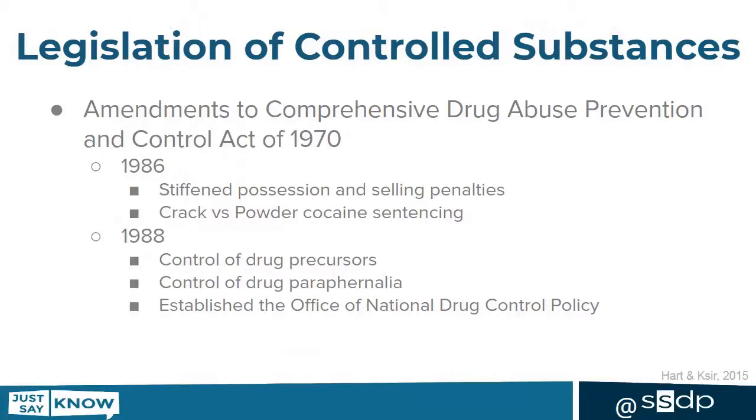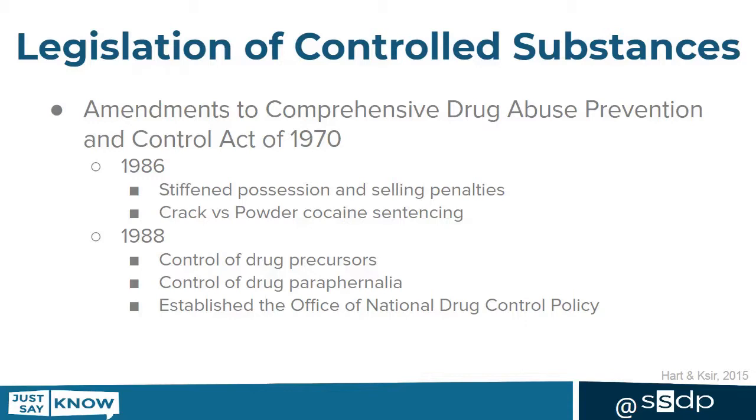In the 80s, we introduced some amendments to this Comprehensive Drug Abuse Prevention and Control Act, and that stiffened the possession and selling penalties. This is also where we introduced the disparities in crack to powder cocaine sentencing, again without any pharmacological justification, but rather based on crack's misguided and inaccurate association with violence.